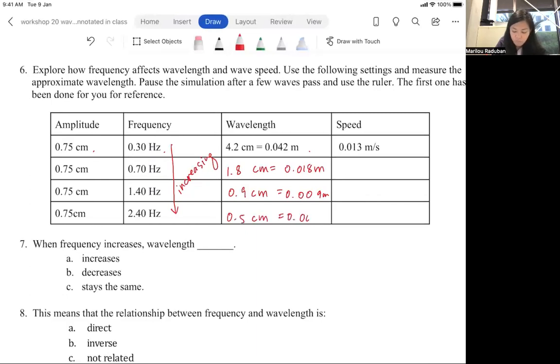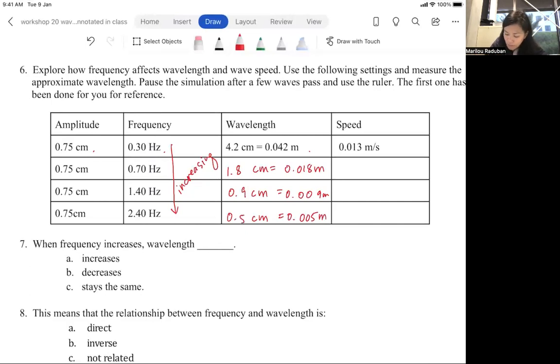I'll just put the answers here so you can check your simulations while you're doing them. But you can see here that the wavelength should change if the frequency of oscillation changes.